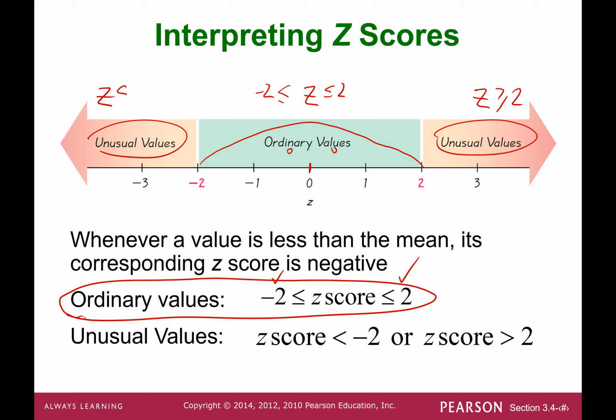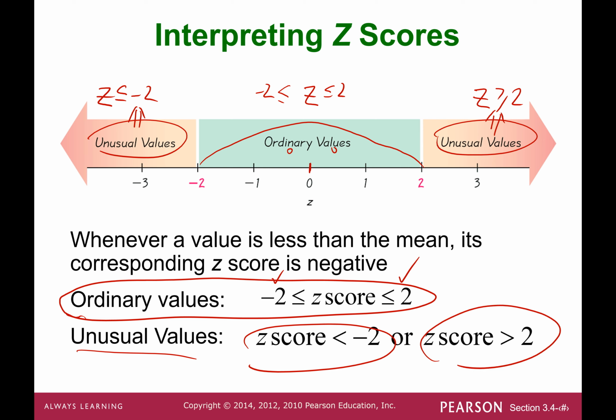Anything beyond that range becomes unusual values. Unusual values occur when the z-score is less than -2 or greater than 2.